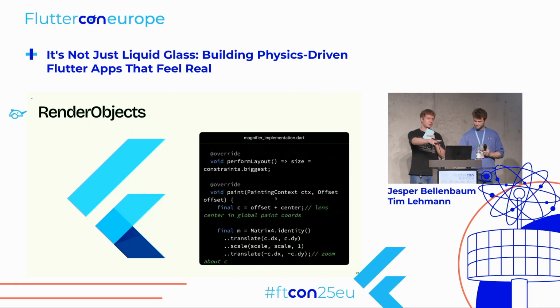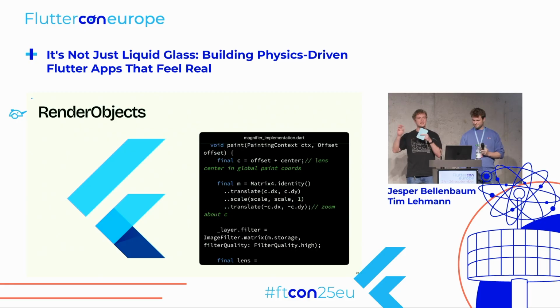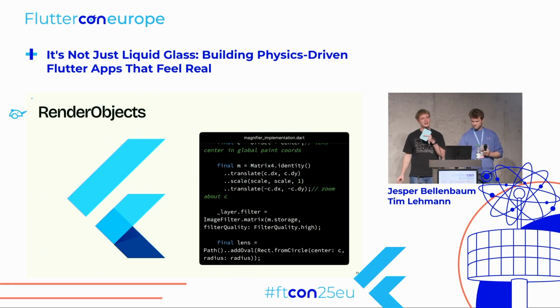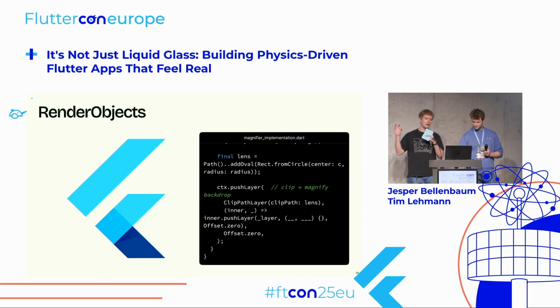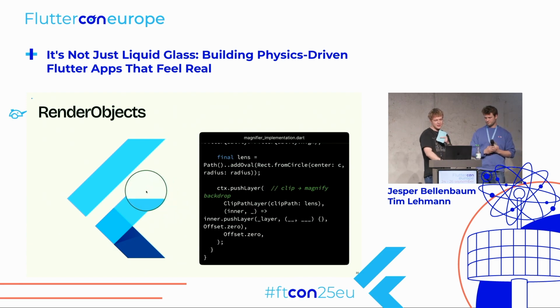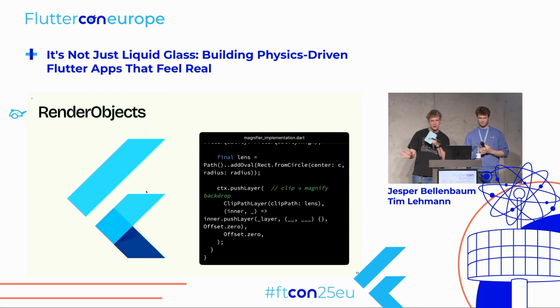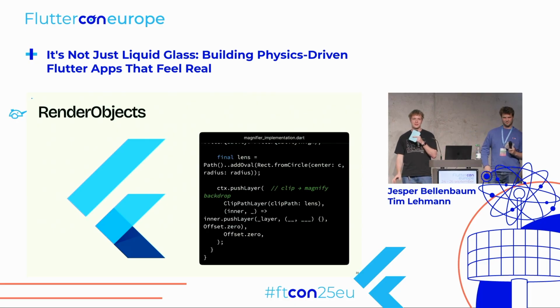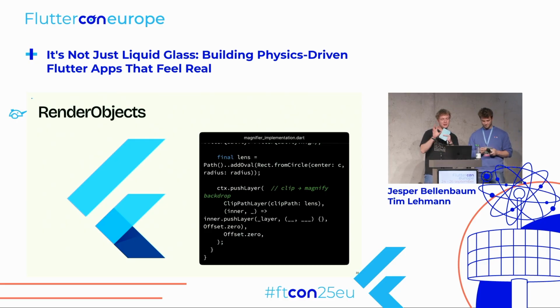In this case, we have this magnifier, which needs the child's size to position the magnifier, and then also is able, through engine layers, to paint a scaled version of the child that is clipped to a circle. So we end up with this. And who here has written a custom render object before? Okay, that's already much fewer people. So we don't have time to go into this deeper, but we're going to link to another talk from this year that went into exactly these details at the end of our slides.